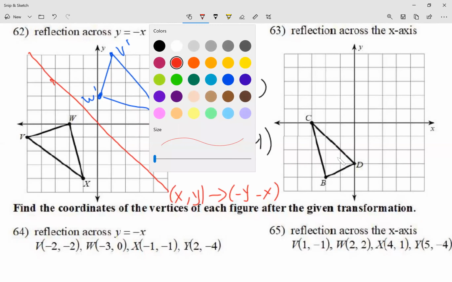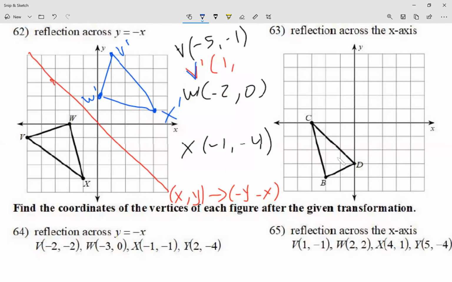So let me use blue for this one. V prime should be the coordinates 1, 5. The numbers flip, right? The x and the y value flipped and the signs switch as well. And if you look at my point V prime, yep, the coordinates are 1, 5.